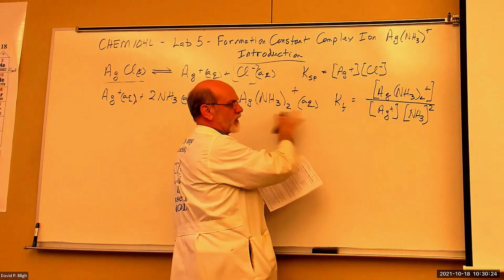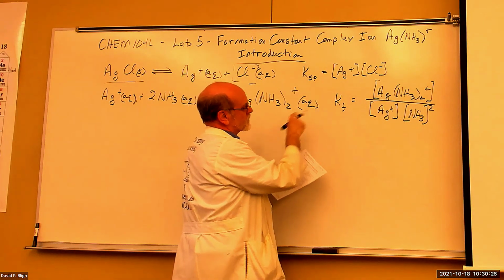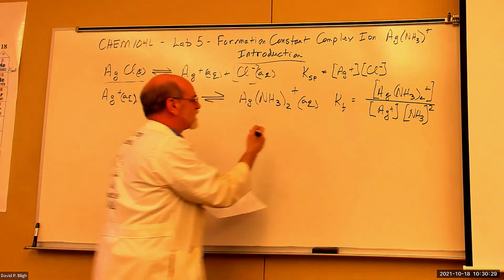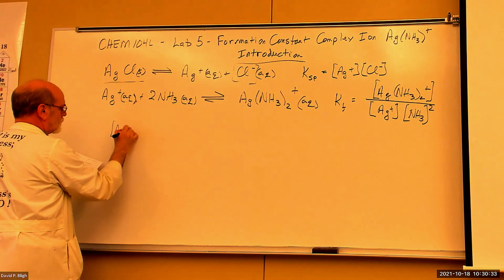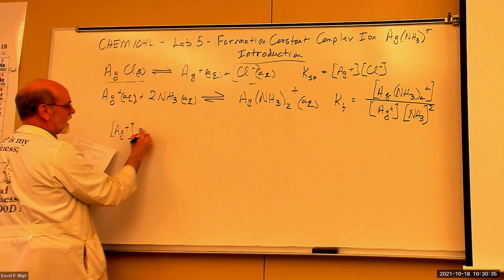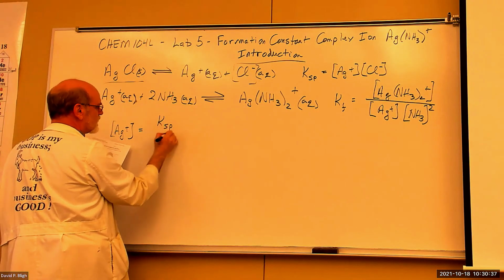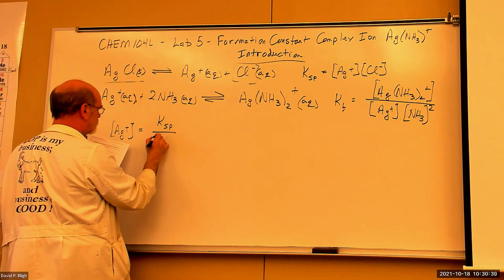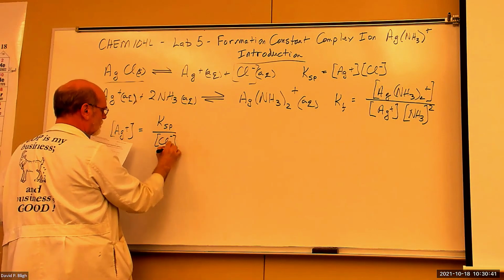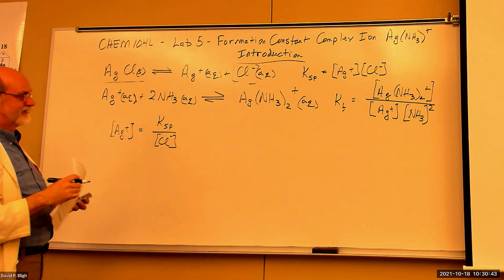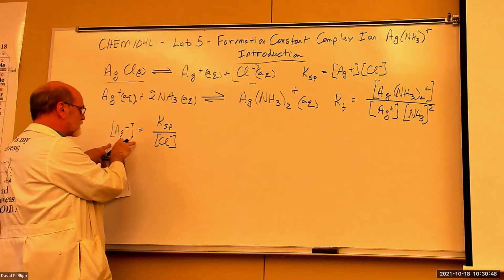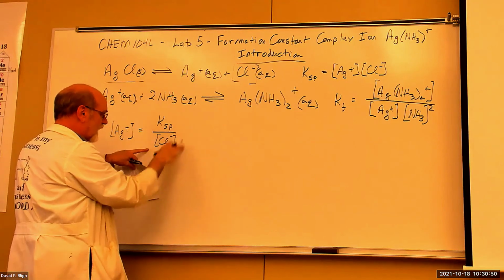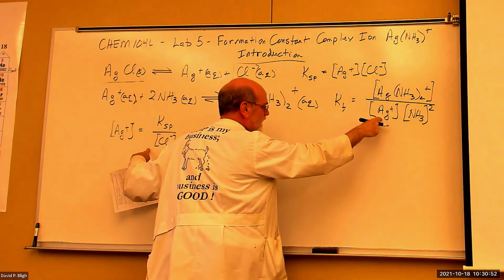So what we're going to do is solve this KSP for silver, which means KSP divided by chloride. That's what we did with this one. Now we're going to plug in the equivalent of silver, this value, in for that silver right there.